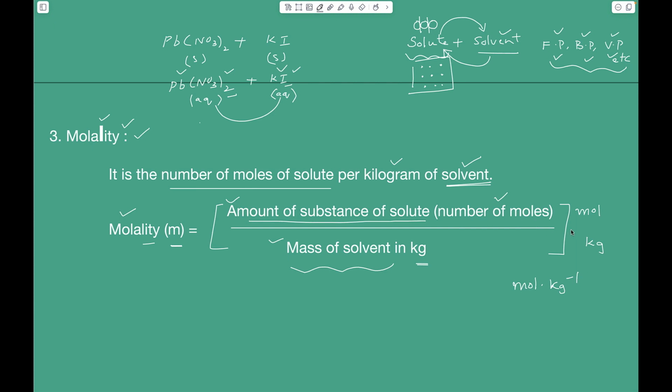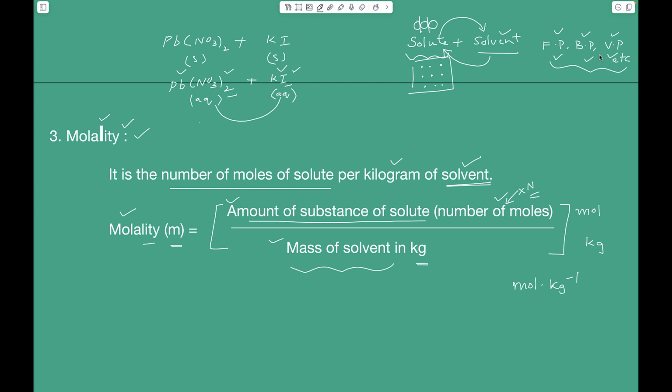Number of moles is nothing but a measure of number of particles, right? If you multiply number of moles with Avogadro's number, you will get the number of particles. So molality represents the number of particles of solute present in a given amount of the solvent, and that is exactly what we need to study the colligative properties of solutions.